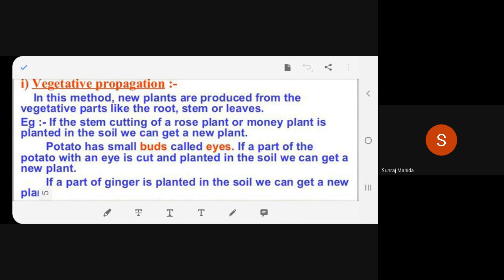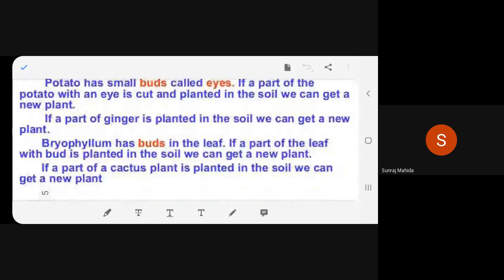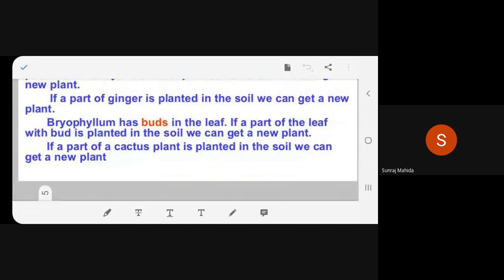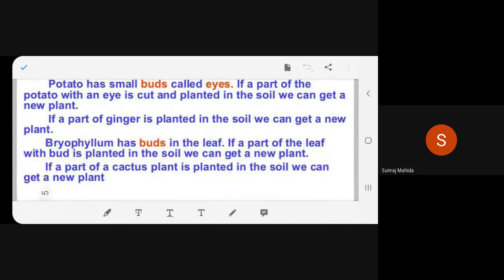Bryophyllum has buds in the leaves. If a part of the leaf with a bud is planted in the soil, we can get a new plant. If a part of a cactus plant is planted in the soil, we can get a new plant.